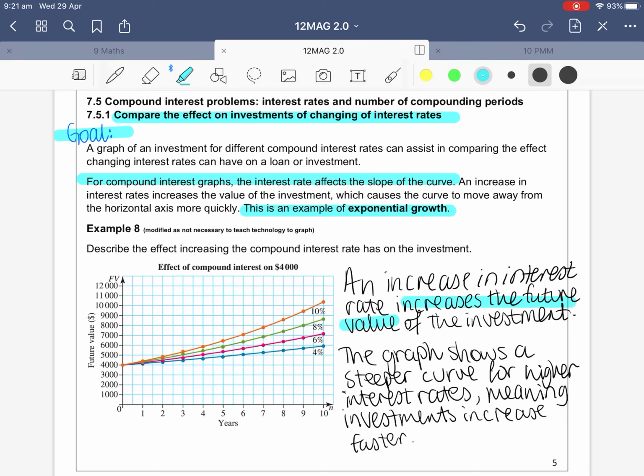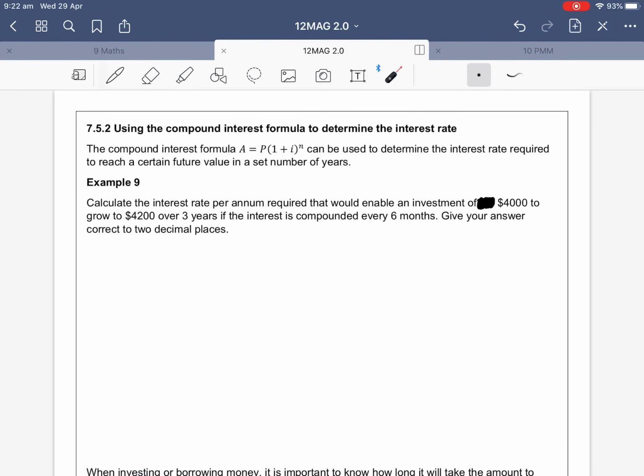There we go. So I've got two key points of information there. We've got increasing the future value of the investment and that there's a steeper curve, meaning that investments increase faster. So they don't only increase, they increase at a faster rate. All right, let's have a look at the next example.